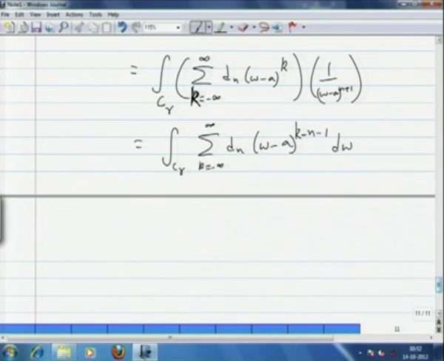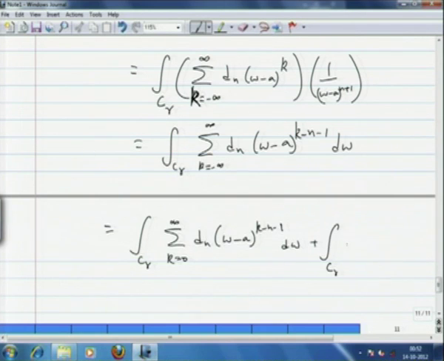Or I just change the exponent. Okay. So, this is equal to the integration over C r of the sum over k equals 0 through infinity of d k (w minus a) power k minus n minus 1 dw, plus the integral over C r of the sum over m equals 1 through infinity of d minus m.